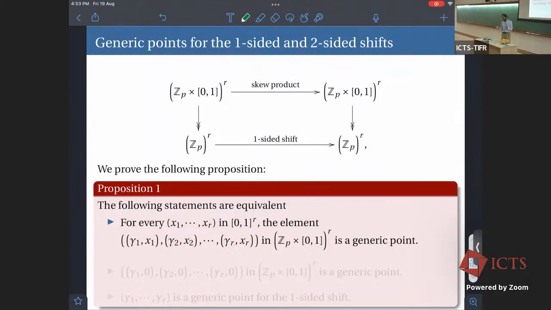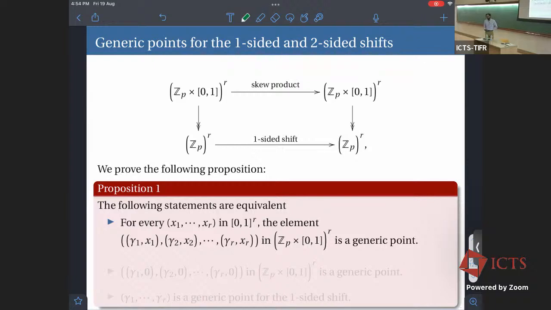And so we look at this intermediate object, ZP cross [0,1]. In this intermediate object we have this skew product map, and I want to look at the generic points for it. Suppose I have gamma 1, x1, gamma 2, x2, dot dot dot, gamma r, xr in this product space, and it happens to be a generic point.